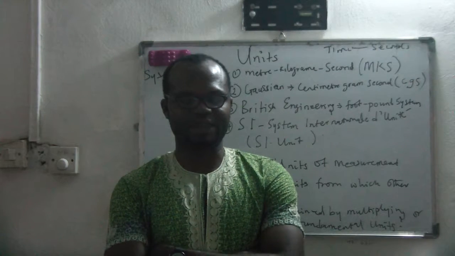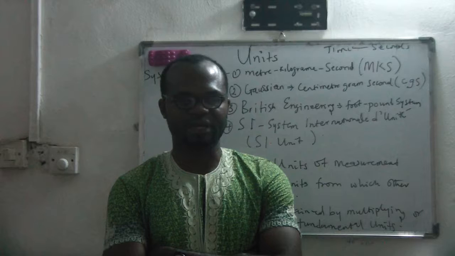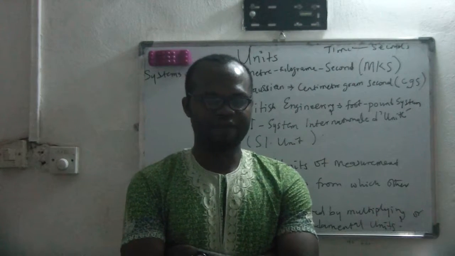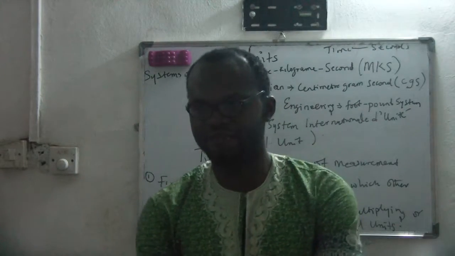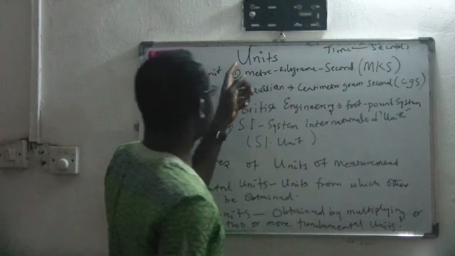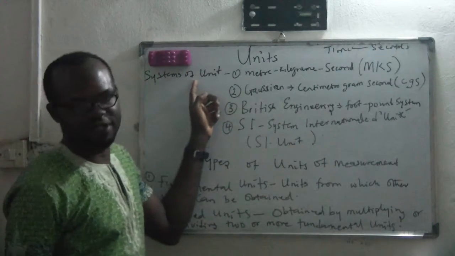When the unit is meter per second, you are talking about velocity or speed. Every quantity has its unit. So today we are going to be learning the systems of units.